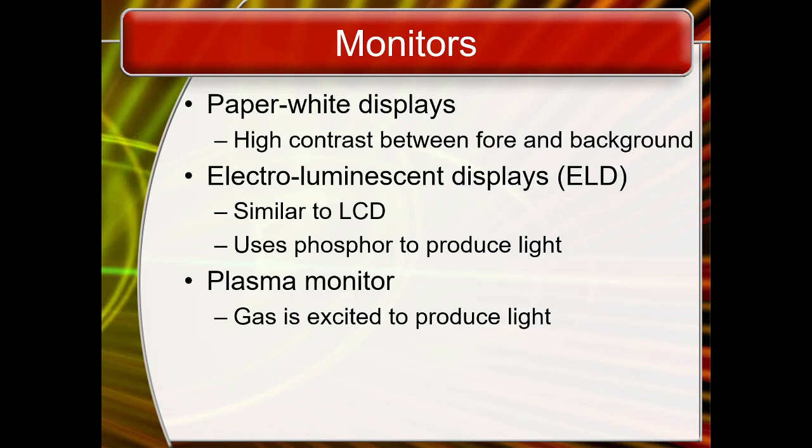Another type of monitor is the Electroluminescent Display, also referred to as ELD. It is similar to LCD, however it uses phosphorus to produce light. Another type of monitor is the plasma monitor. For plasma monitors, they use certain gas to produce light inside the output device.